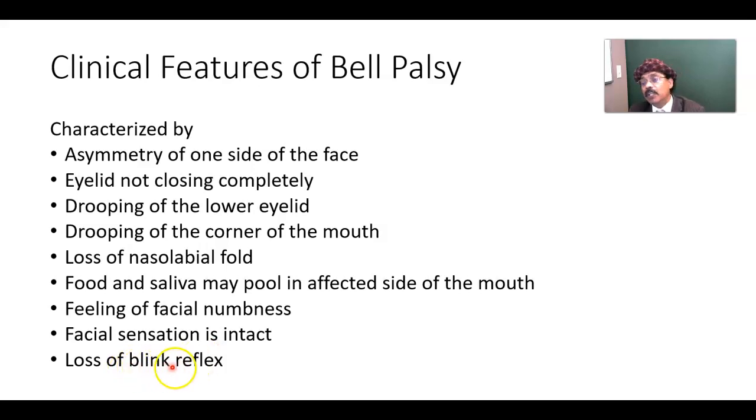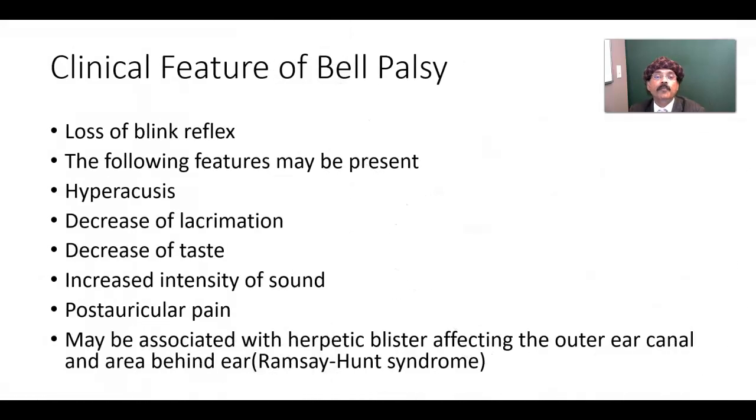Loss of blink reflex. Yes, the afferent component is okay, but the efferent component will be lost because there is no nerve supply to the orbicularis oculi muscle in case of Bell's palsy. The following features may be present: hyperacusis, due to lack of nerve supply to the stapedius muscle, decreased lacrimation, decreased taste, which we just discussed.